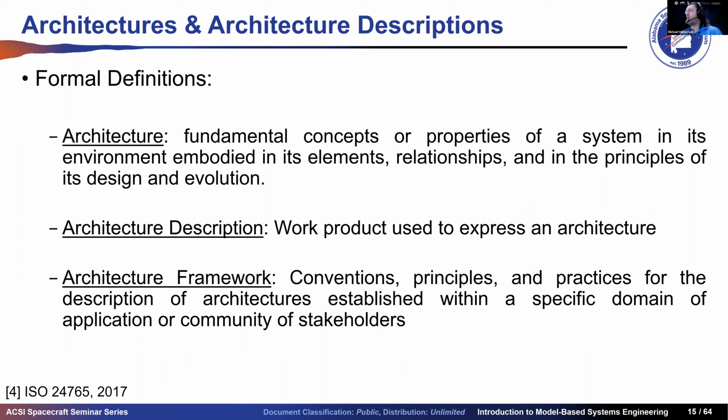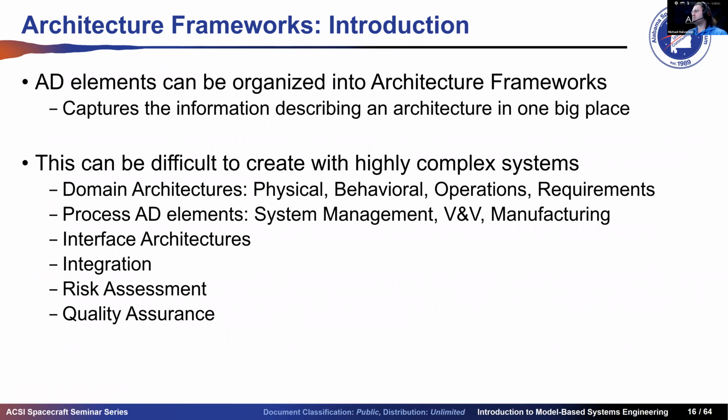So that is the formal definition of an architecture framework. And there's a lot of different ways that it's described, but it means a very specific thing. I hear architecture framework used colloquially, and sometimes, you keep using that word. I do not think it means what you think it means. I get that a lot, or hear that a lot. So all of these products that you're making, these architecture descriptions, can define whatever you want.